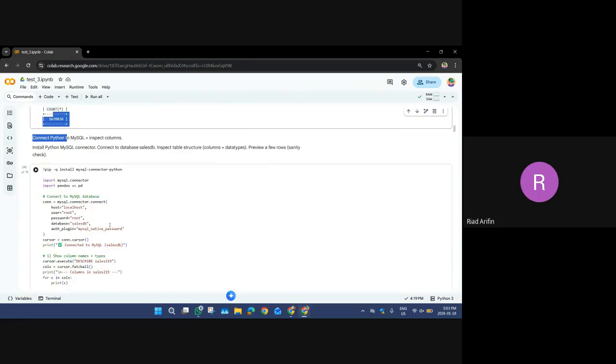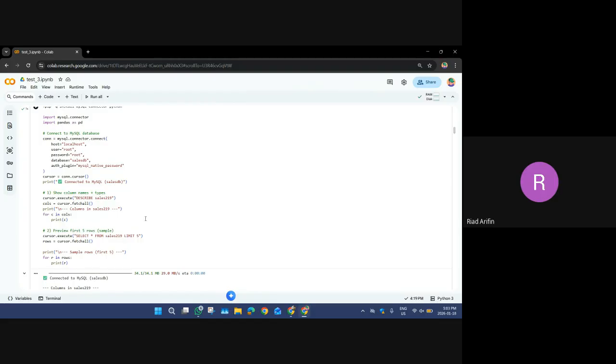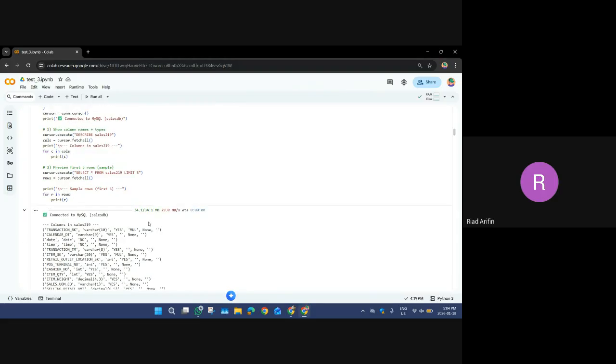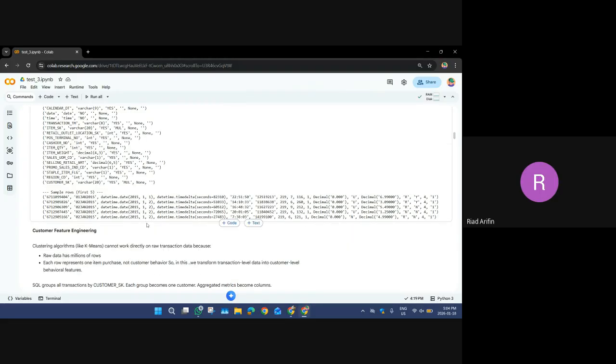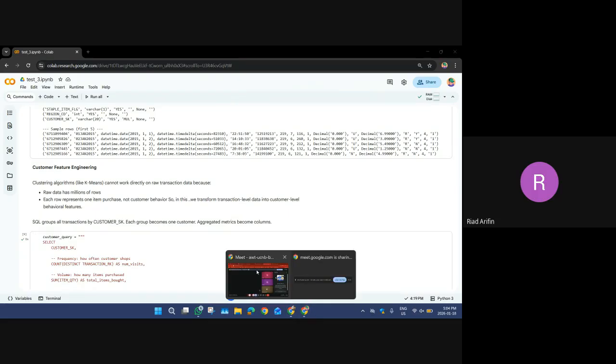After that, we used Python to connect to that DB and extract all the features. As an example, you will see the first 5 rows of that data here. Now I will pass to my teammate, Mushfiqur, to carry on.